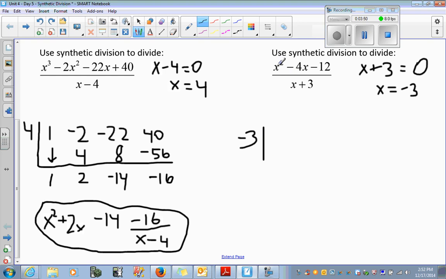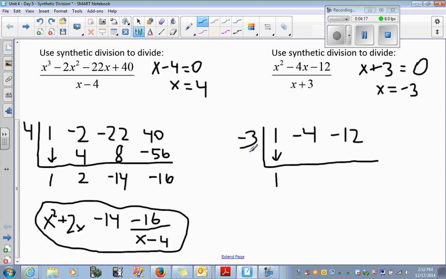We're going to write this polynomial in numbers. 1x squared minus 4x minus 12. Okay, and then bring our division line over here as so. Now, whatever our first number here is, in this case it happens to be 1, that's the number we bring down, 1.